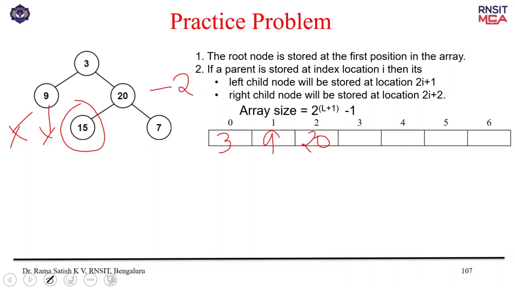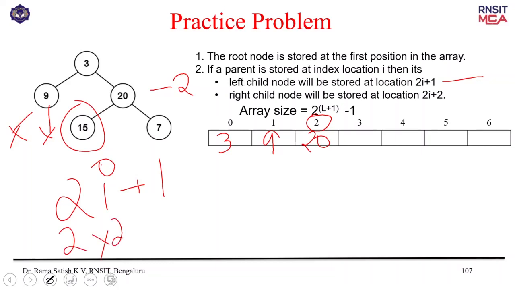Since it is the left position, the formula is 2i plus 1. So i is nothing but the position of the parent, so the position of the parent is 2. So 2 into 2 plus 1: 2 into 2 is 4, plus 1 is 5. 5 is the location where 15 has to be stored. So 15 is stored in 5.